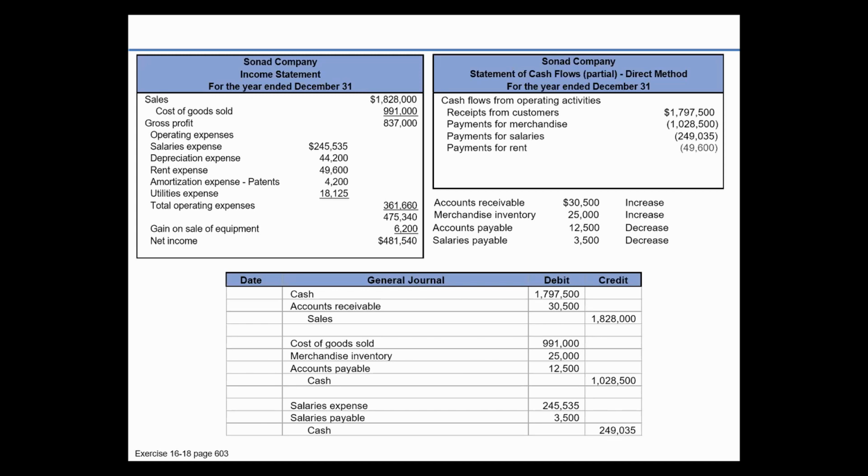And then rent, and then payments for utilities. You would just have to know that, or you could figure that out. The net cash provided by operating activities is $452,240.